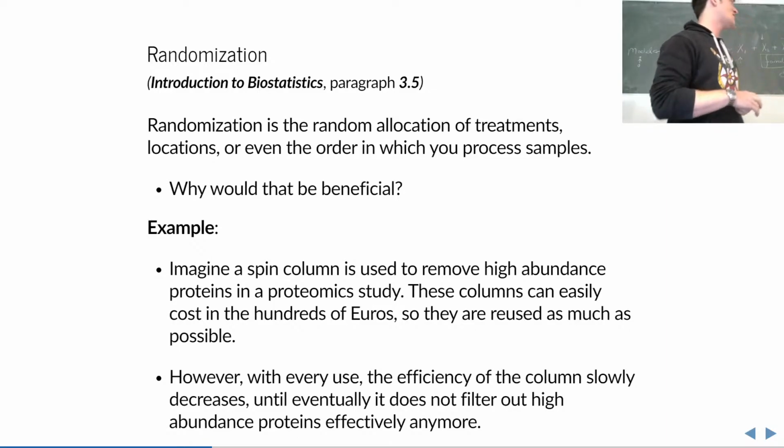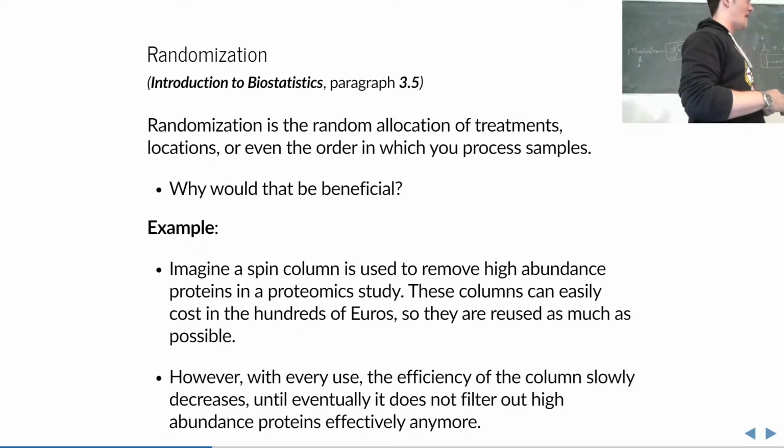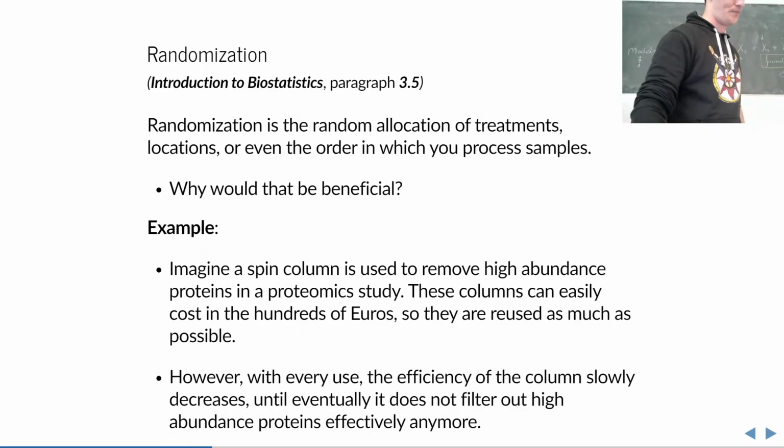Now, if you reuse the column, you can wash it again, but whatever you do, the efficiency of the column will slowly decrease. And a column that has been used 100 times has an efficiency of less than half of a new column. So that will constitute a very important difference that might confound the difference that you're interested in, of the groups you're studying, for example.